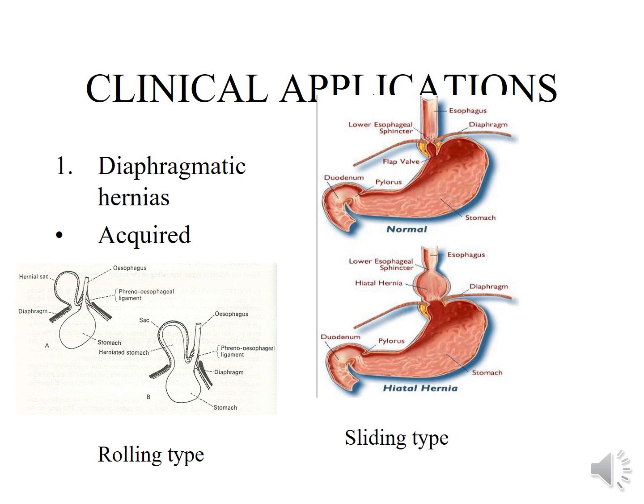If this hiatus is enlarged, it can be because of obesity, or because of certain types of operation. Then the stomach is just pulled up through this hiatus, as we can see over here, and this hernia is known as sliding hernia, right?